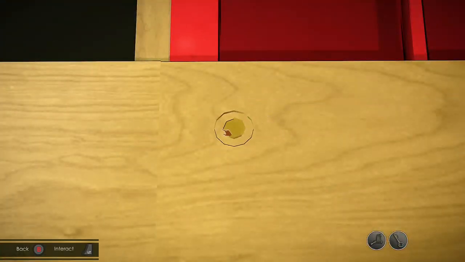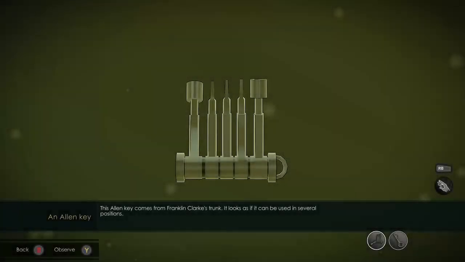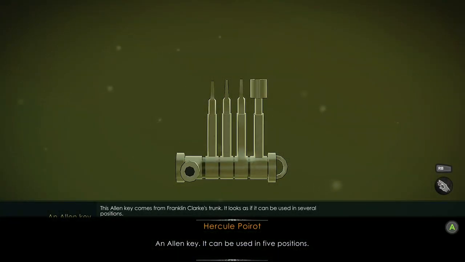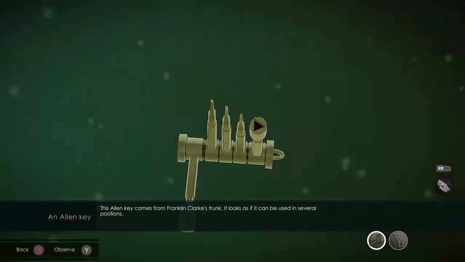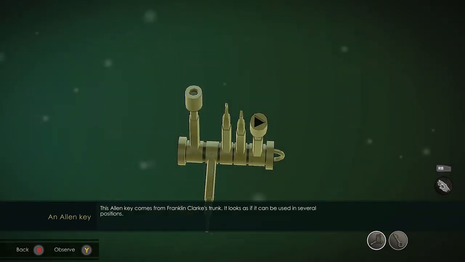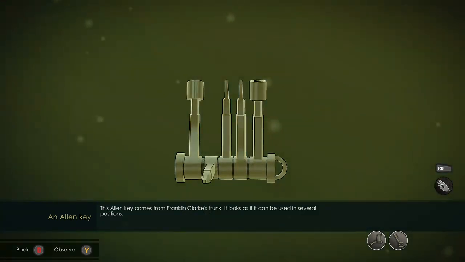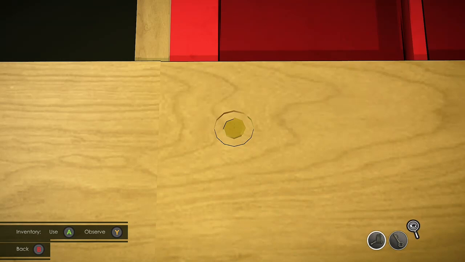Big desk. Oh. Gotta go here. An Allen key. Yes, I know. That looks like a square.